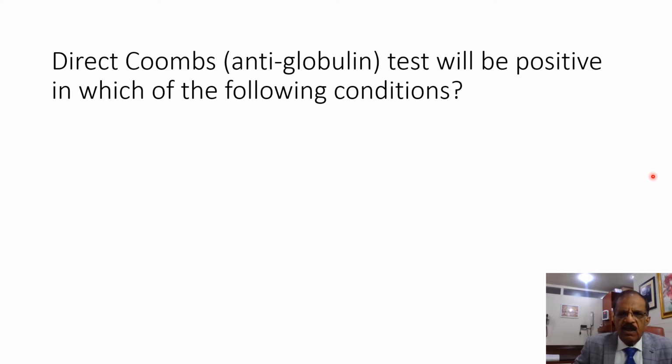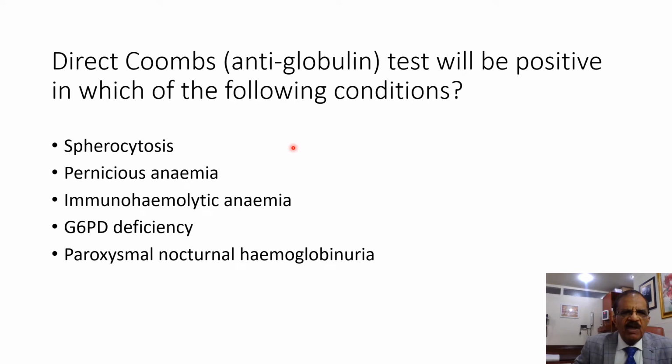The conditions are spherocytosis, which is a hereditary disorder; pernicious anemia, where the parietal cells are damaged and not producing intrinsic factor, so vitamin B12 is not being absorbed; immunohemolytic anemia, an autoimmune disorder; G6PD deficiency; and paroxysmal nocturnal hemoglobinuria, an acquired condition where there is hemolysis due to antibodies which fix complement.